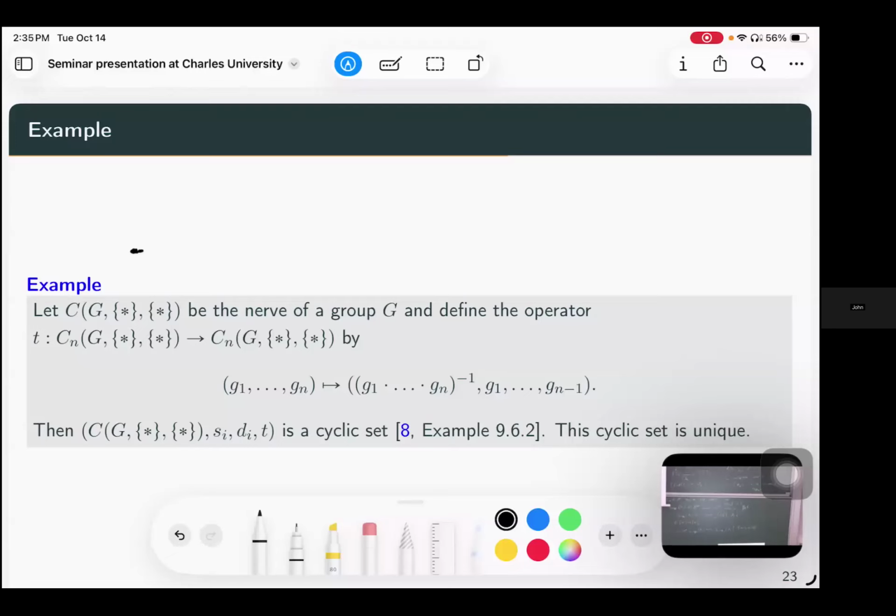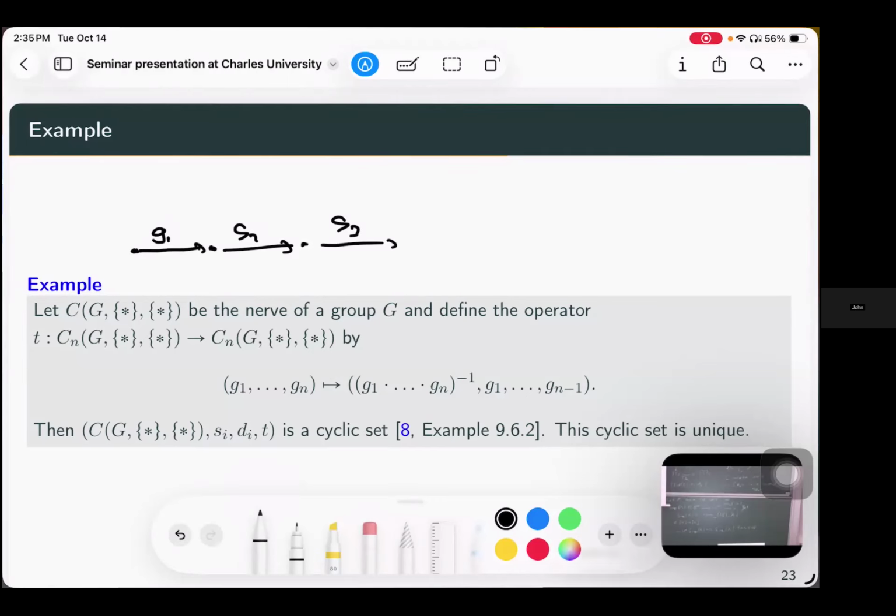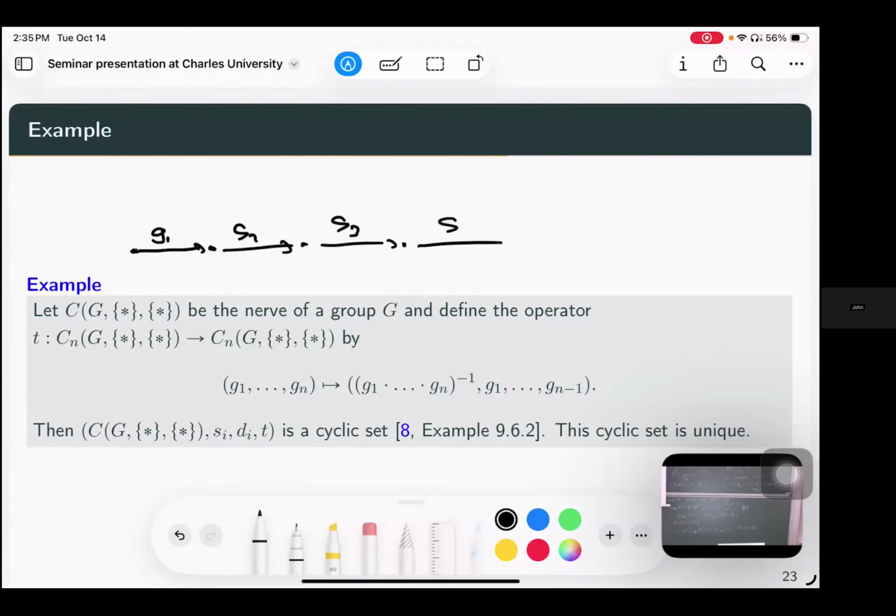I'm looking at all the composable maps. In that case the elements in the group are the morphisms, so I just have G, G2, G3, all possible combinations, and so forth and so on.